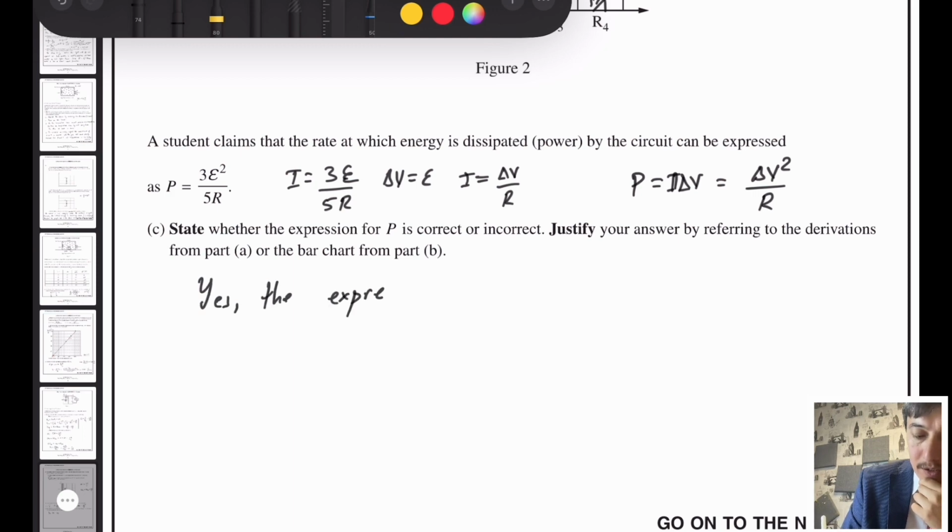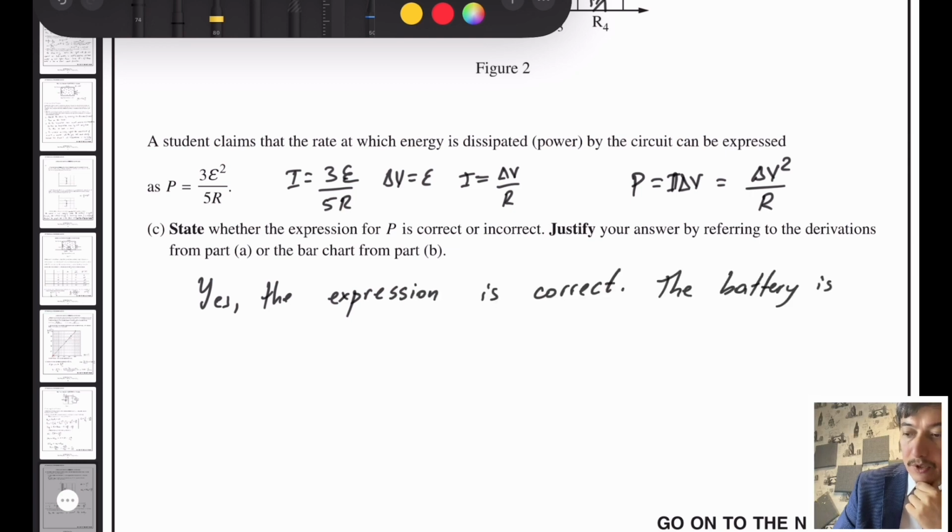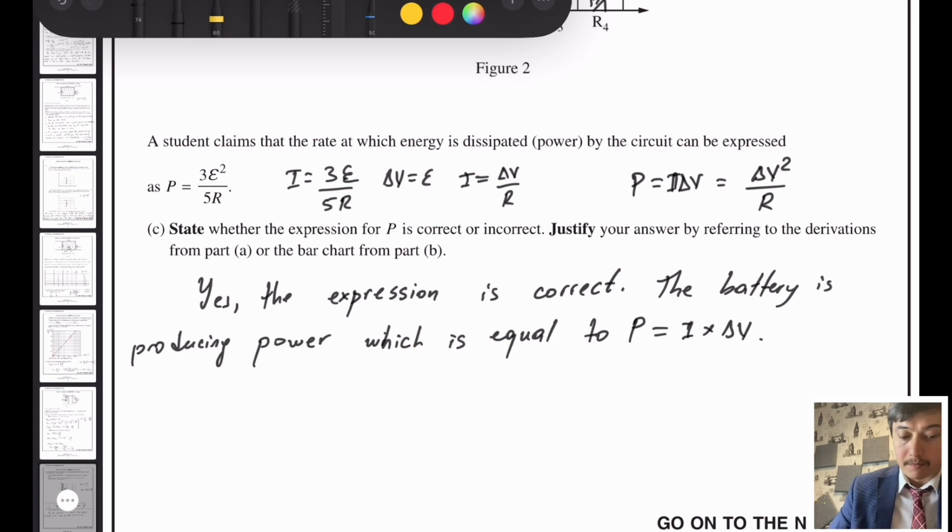the expression is correct. Battery is producing power which is equal to current times change in potential.